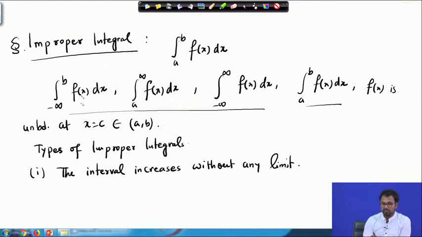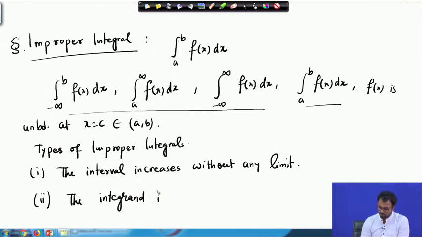These types of integrals can be improper integrals. The second type is about the integrand, which is basically the function f(x). The integrand has a finite number of infinite discontinuities.